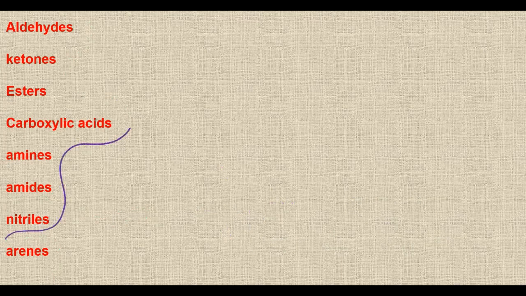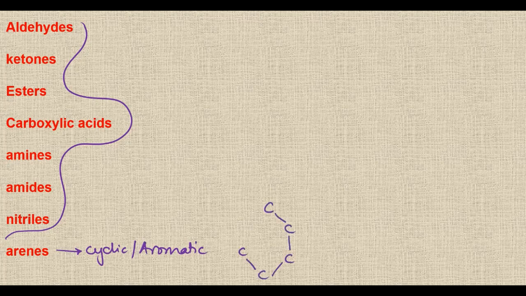And the last but not the least are the arenes. Arenes are cyclic compounds, also known as aromatic compounds. The cyclic or aromatic compounds are the compounds in which the first carbon links to the last carbon, and the most common and simplest example is benzene, with 3 double covalent bonds between alternate carbon atoms.